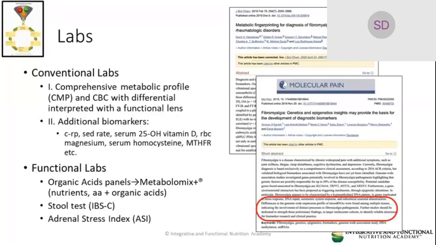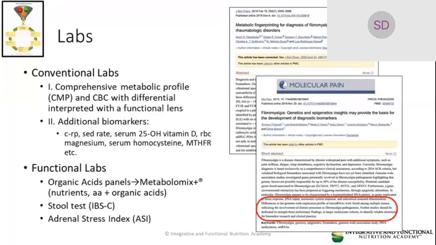So in this case, with Felicia, on the top of my list is definitely the organic acids panel. There is a proprietary panel called the metabolomics that looks at nutrients and amino acids and organic acids, but it doesn't have to be from any one particular company.